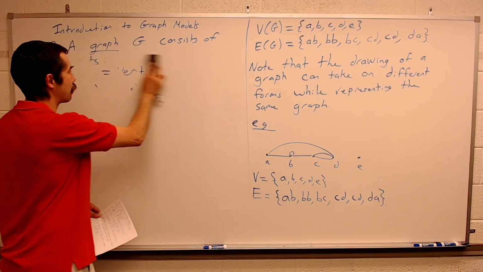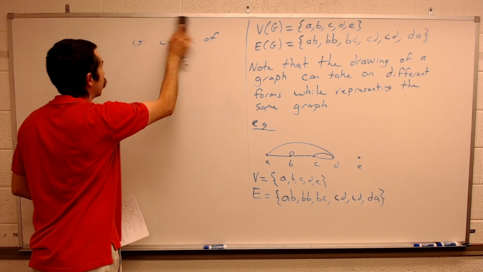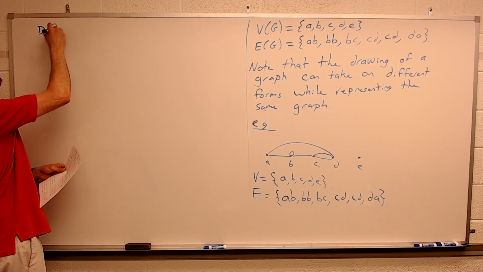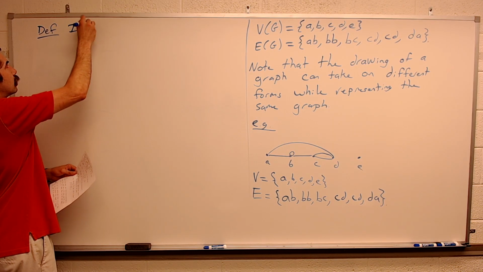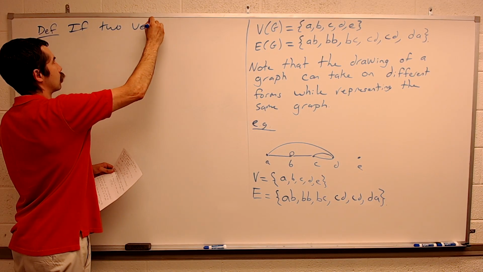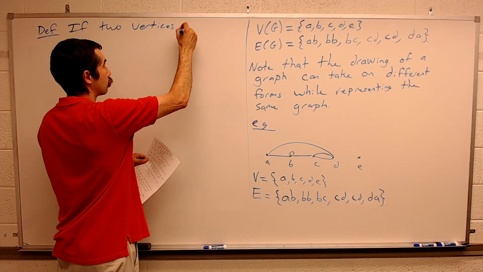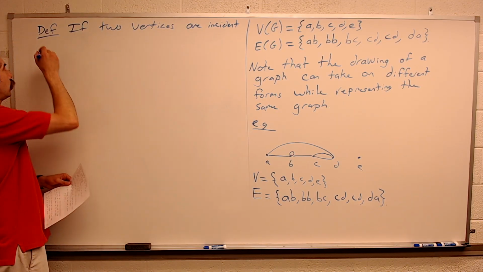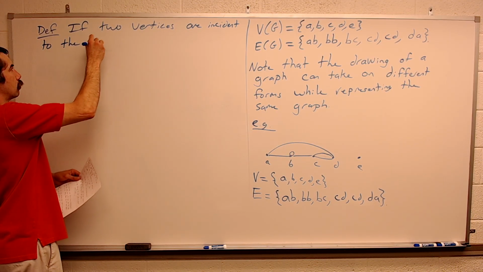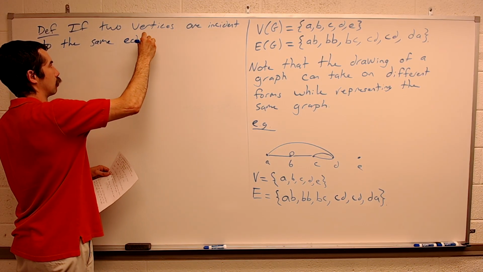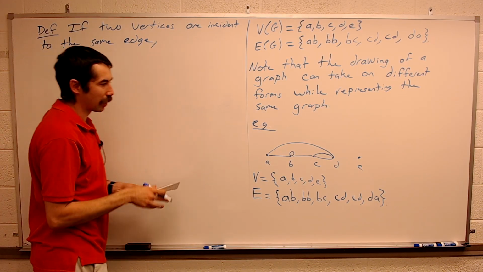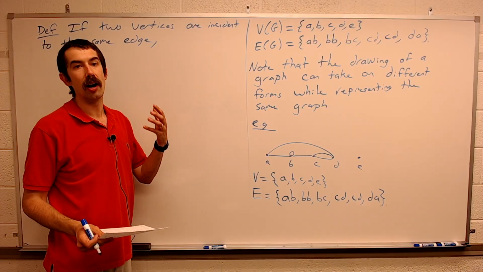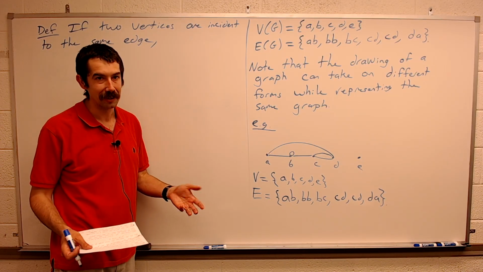All right, a little bit more vocabulary. This is going to be a pretty vocabulary heavy video today. If 2 vertices are incident to the same edge, okay, what does it mean? Basically, if 2 vertices are the endpoints of the same edge, we say that these vertices are adjacent or neighbors.